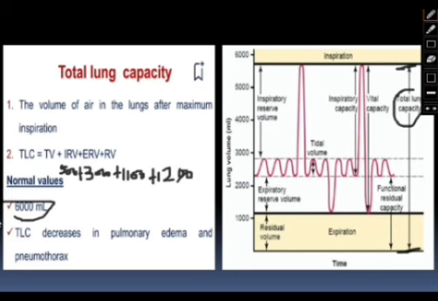Good. The total lung capacity decreases in pulmonary edema and pneumothorax. So when someone has pulmonary edema or pneumothorax, we find out that this total lung capacity will decrease.